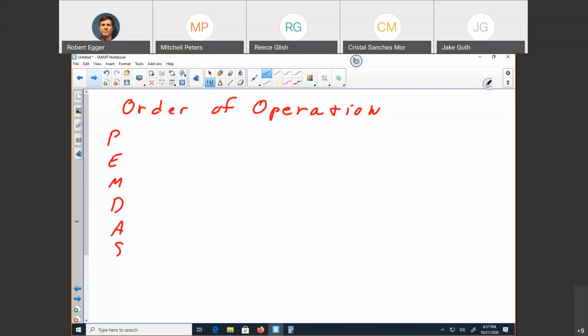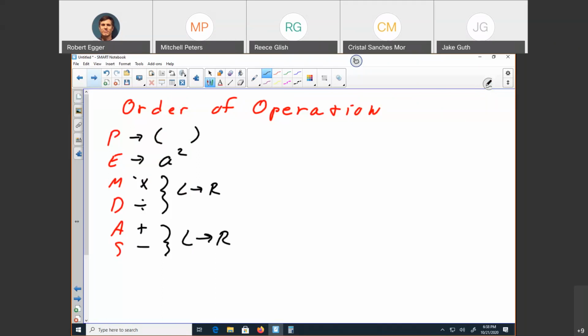This is basically parentheses, exponents, multiplication, division, left to right, addition, subtraction, left to right. So what are the common mistakes?